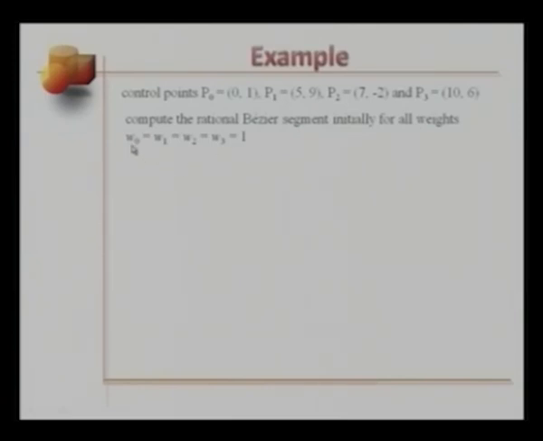Again, realize that each weight is associated respectively with each design point here. We'll later alter the values of W2 to realize the change in the curve shape, and maybe also look at what happens to the shape of a Bezier segment if W1 is changed.